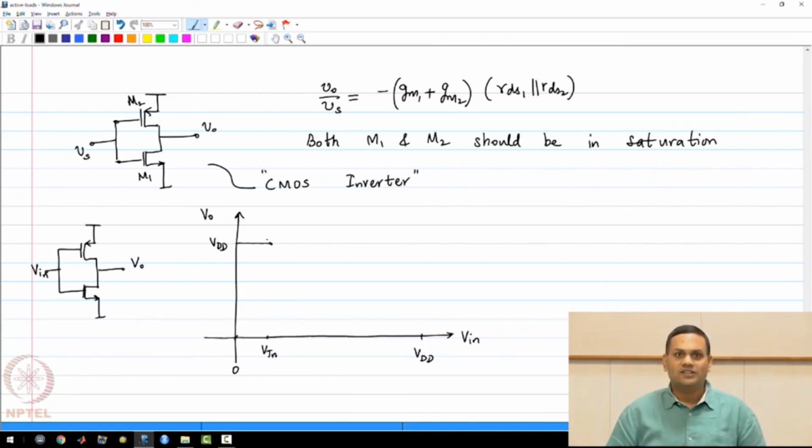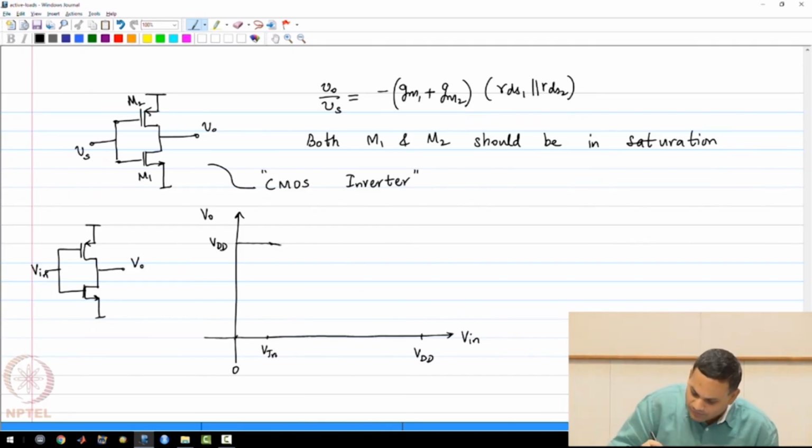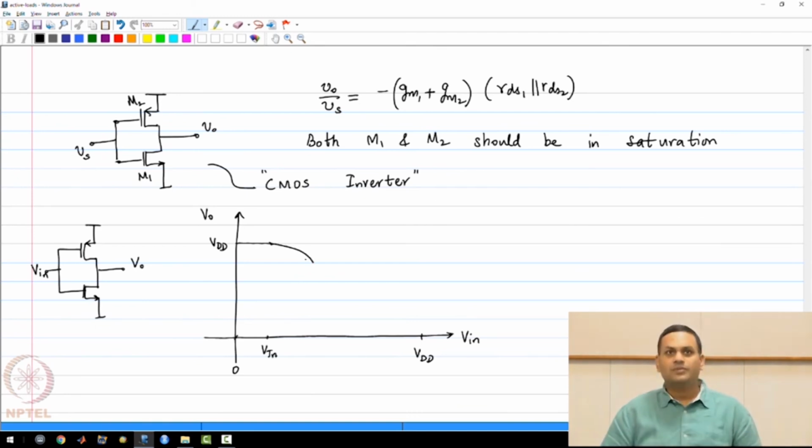After the input voltage crosses VTN, you will find that the NMOS can conduct. Because Vout is very large, the NMOS will be in saturation region, but the PMOS will be in triode region. Now, before I draw the center portion, let us look at the other side.